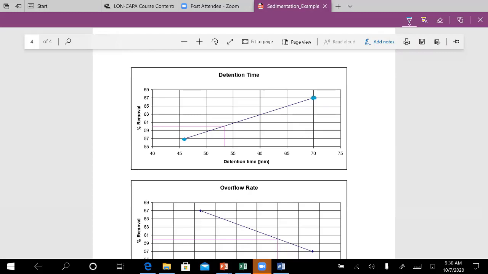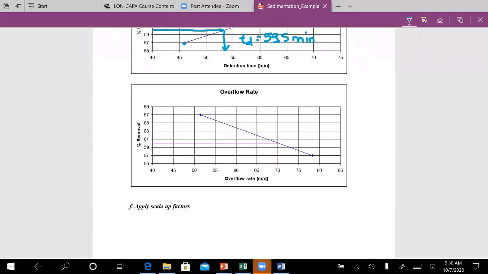So I've got a detention time of 70 minutes, and I've got a detention time of 46 minutes. And at 46 minutes, I achieved 57% removal, 67% at 70 minutes. What I want is 60% removal. So that occurs at a detention time of about 53.5 minutes.